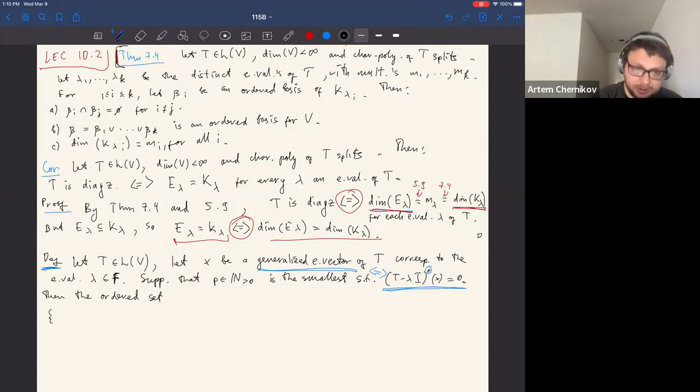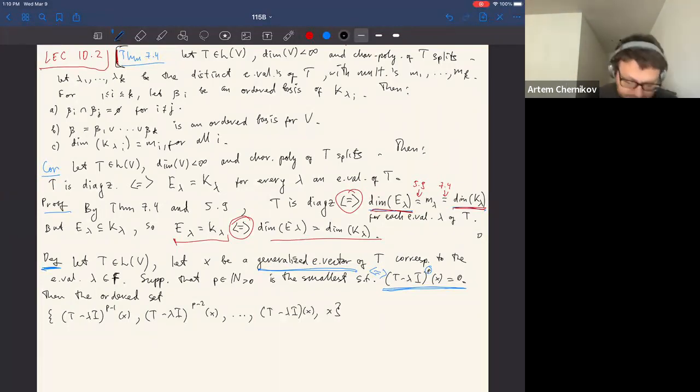Then the ordered set consisting of the vectors (T - λI)^(p-1)(x), (T - λI)^(p-2)(x), etc., ending in (T - λI)(x) and x itself.